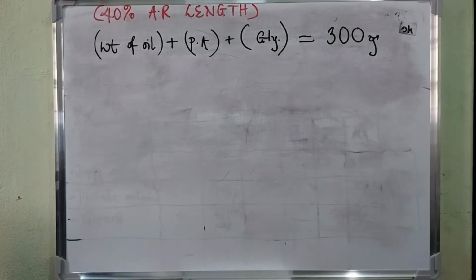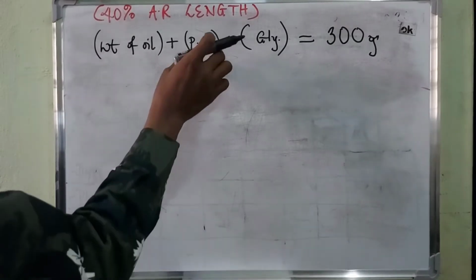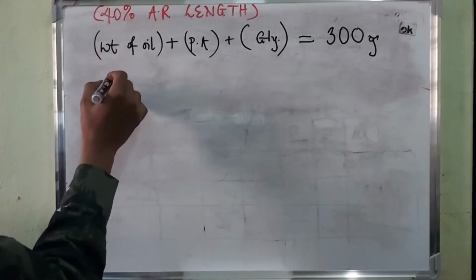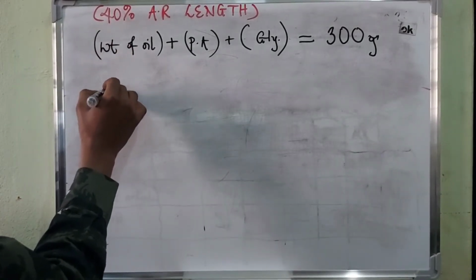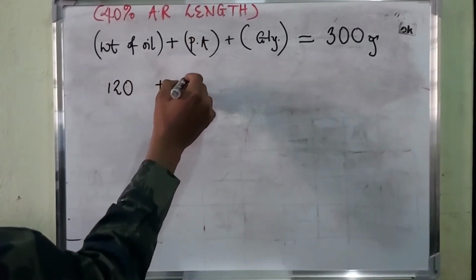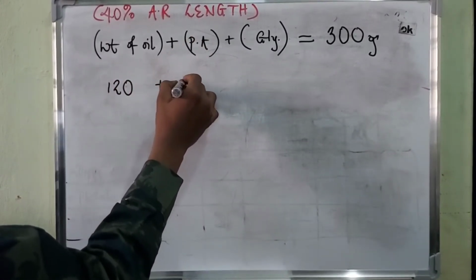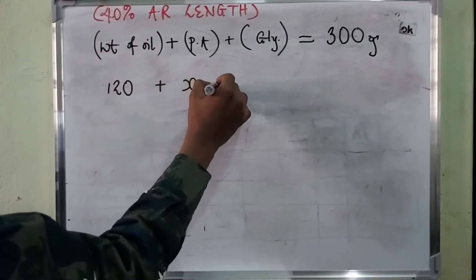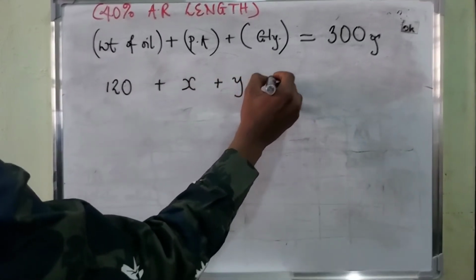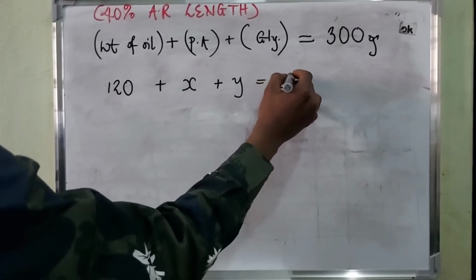So for the 40% alkyd resin length, this is a relationship that could help us to find out the actual weight of the acid and the glycerol that we're employing. So weight of oil, remember, for a 40% we have it to be 120. We don't know that of the acid anhydride. We designated it as X, and that of the glycerol as Y, equals 300.